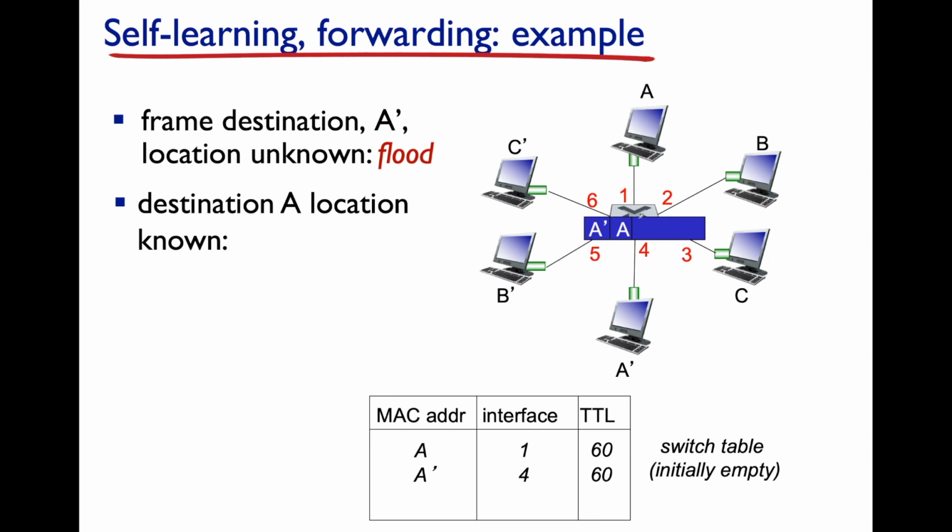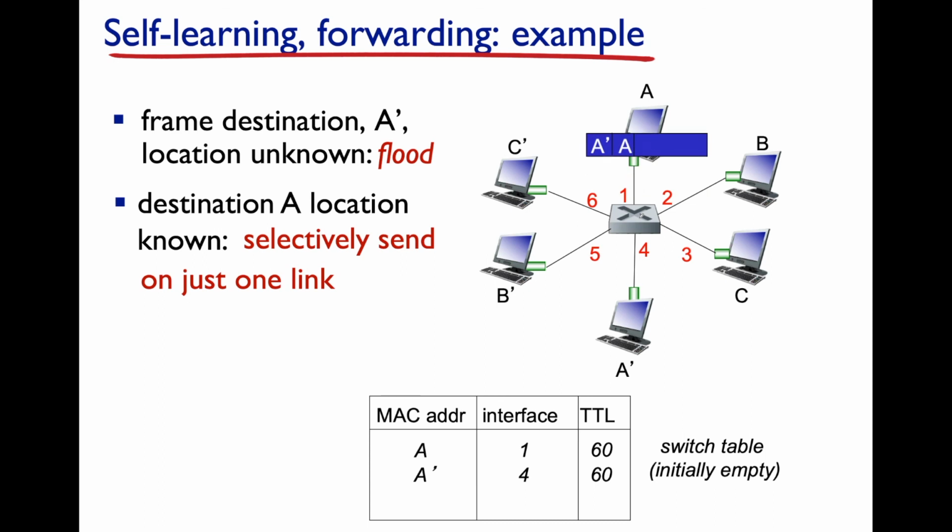Now it looks up the destination MAC address A, and lo and behold, there is an entry for destination MAC address A. It's interface 1. So it sends the frame selectively through interface 1, and it gets to host A. Host A sees that, okay, that's my MAC address as a destination. Let me pick up that frame and unwrap the payload, which is the datagram, and send it up to my network layer, which will then send it to the transport layer and deliver it to the application.